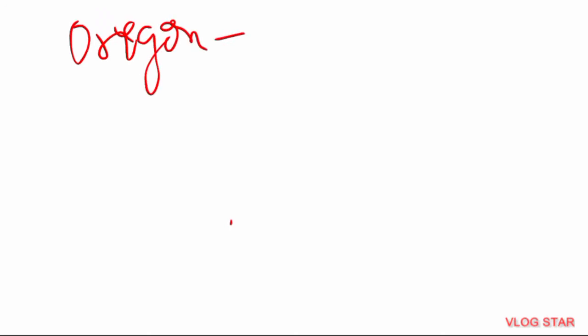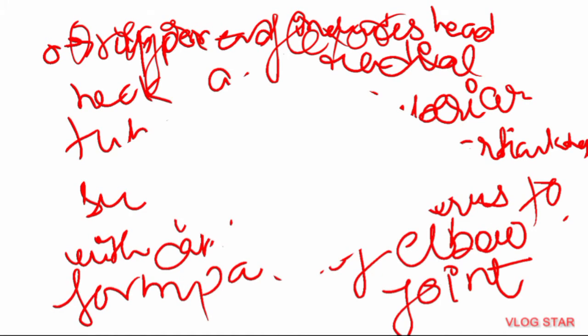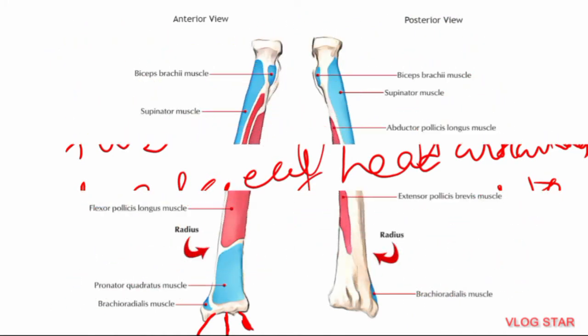And let's see the muscles attached to the radius. Here are the origins, from the ulna side. Let me show you in the picture.